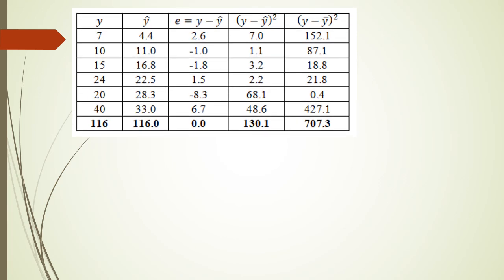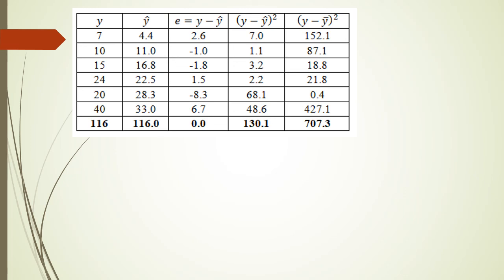Now coming to our original data, if we put the values of x in the equation for the regression line of y on x, we get the estimated values of y, which are given in the column headed by y hat. The difference between y and y hat is the error. So we have calculated the errors and then we square the errors and find their sum.